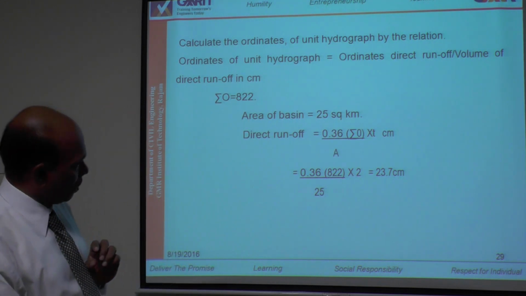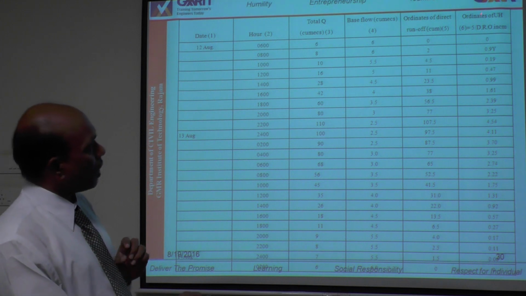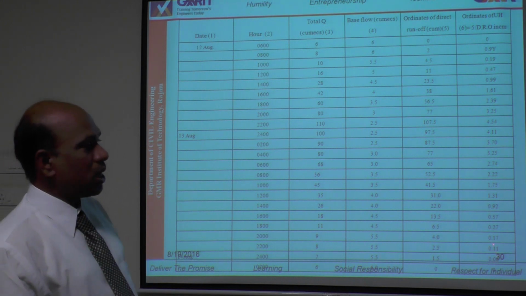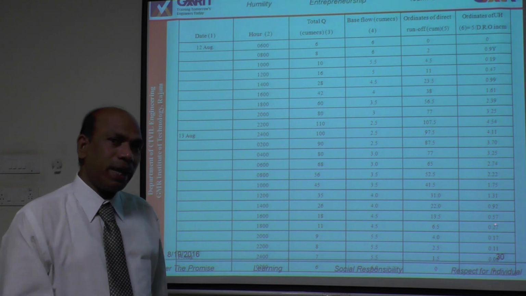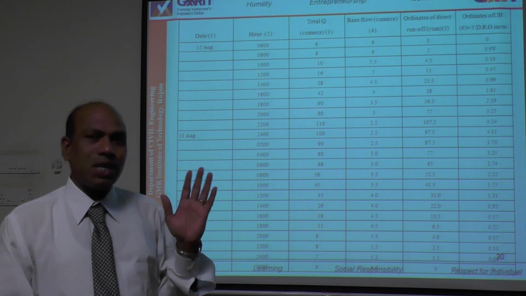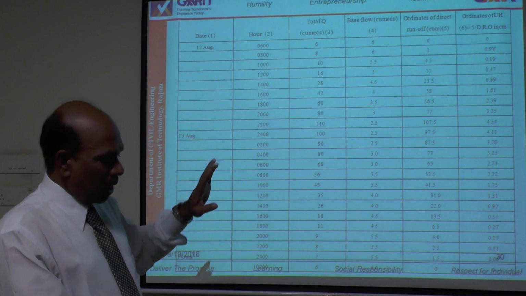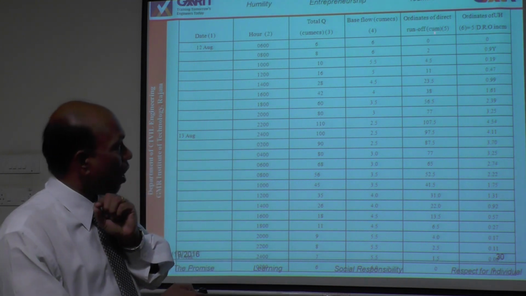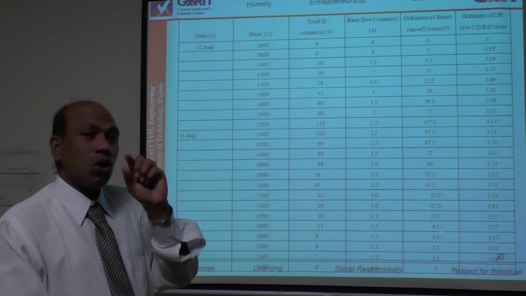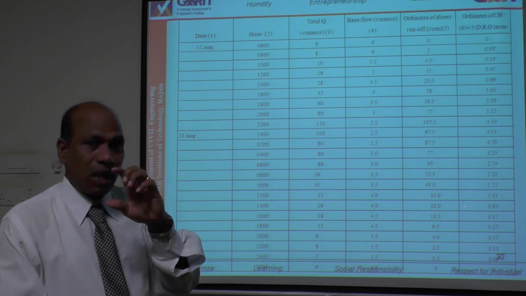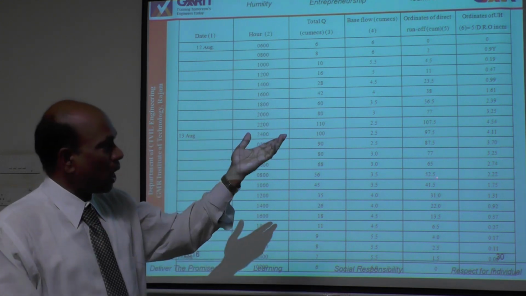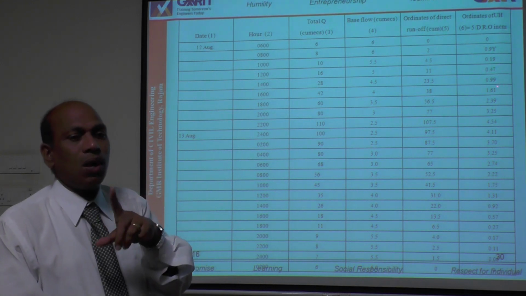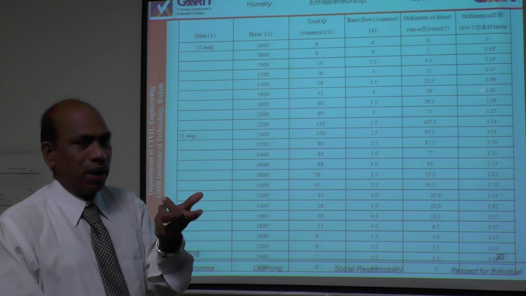The ordinates of the unit hydrograph should be less than the ordinates of direct runoff. Say the direct runoff depth is 23 centimeters; these ordinates are related to 23 centimeters of direct runoff. The 1 centimeter direct runoff ordinates are nothing but the unit hydrograph.